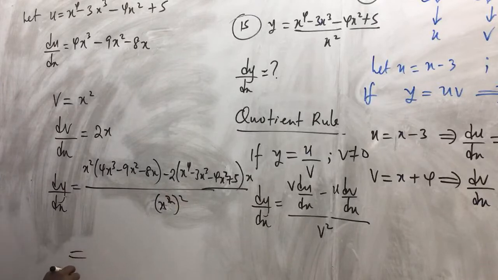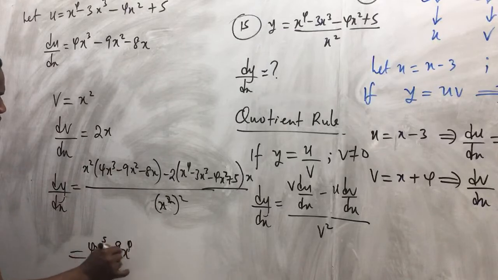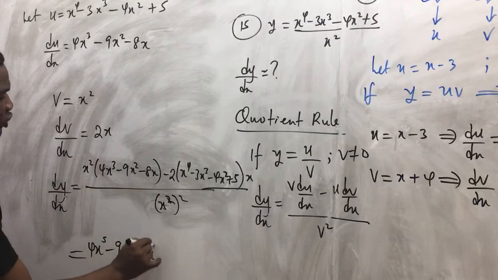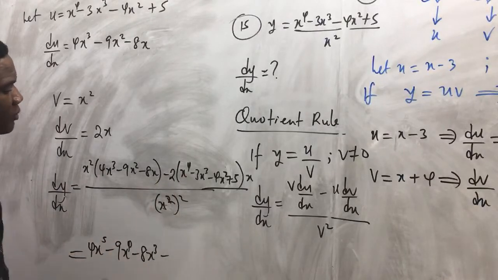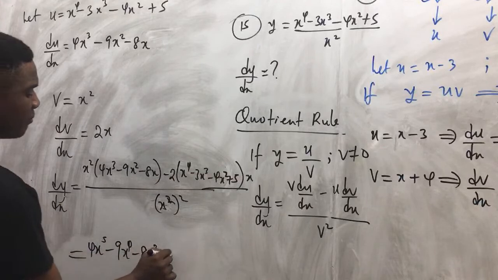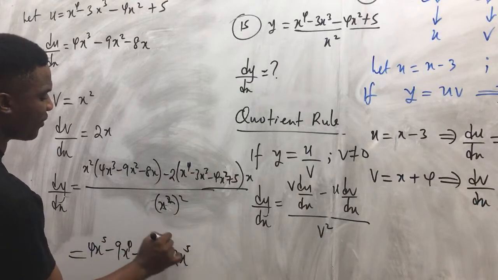So that simplifies to give x squared multiplies, opens up this bracket to give us 4x raised to power 5. X squared multiplies minus 9 to give us minus 9x raised to power 4. X squared multiplies 8x to give us minus 8x cubed. Minus 2 opens up this bracket times x gives us minus 2x raised to power 5.